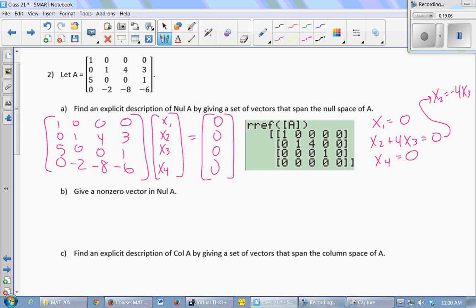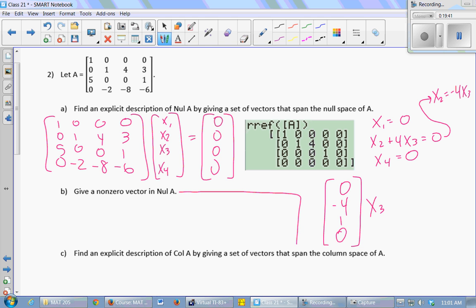So my parametric vector form, right, my solutions, I write with a weight of the free variable. And then in here, I would put in x1 is always 0. x2 is -4 times x3. x3 is free, so I put a 1. Right? And then x4 is always 0.